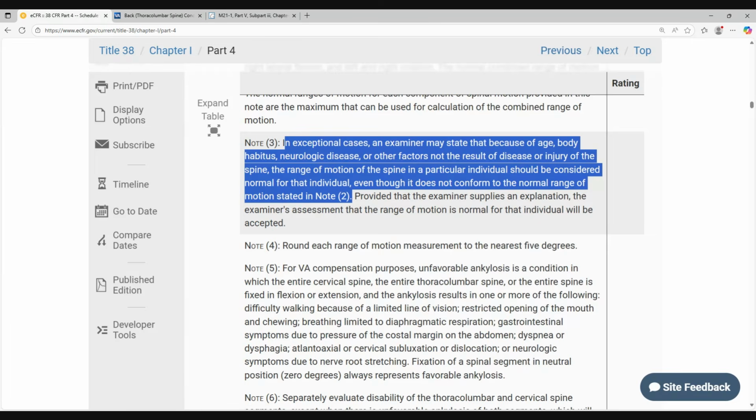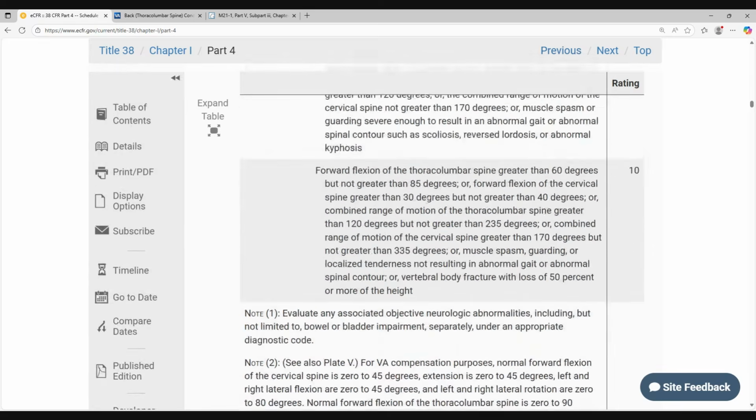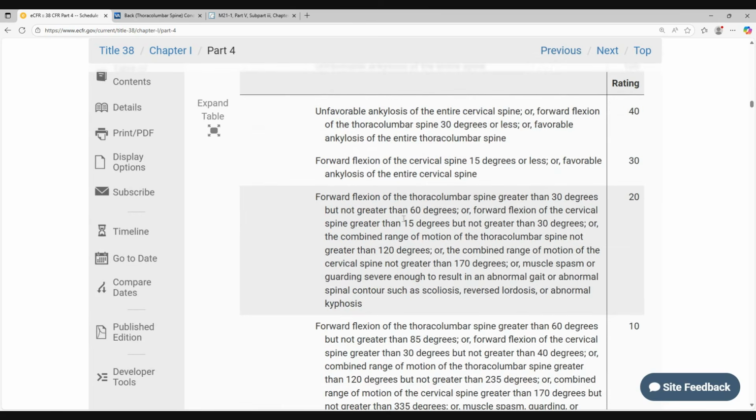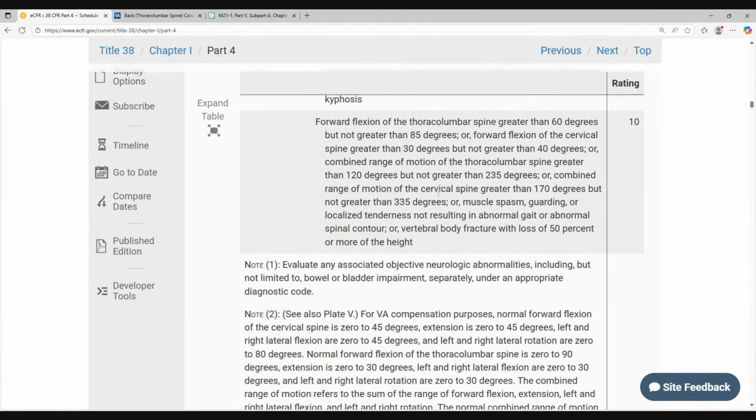So note 3 is very important that you should come to terms with, because you might see the range of motion impaired on the DBQ itself and go, oh well, that'll get me, let's just say 20%. It gets me the 20% rating because I meet that criteria.